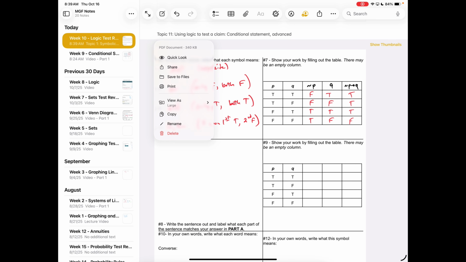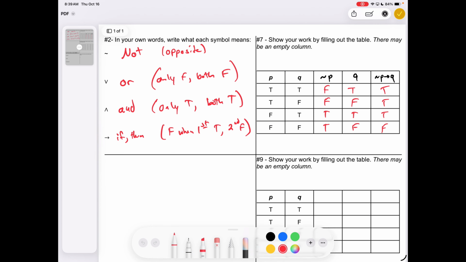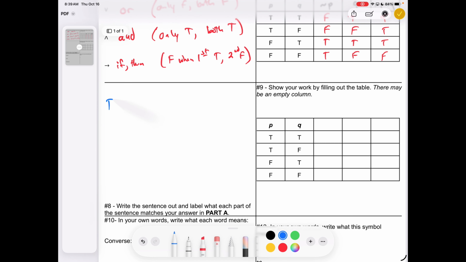So what I want you to do here is just write out, if you don't study for the test, then you don't get a passing score. I think that's what I said.